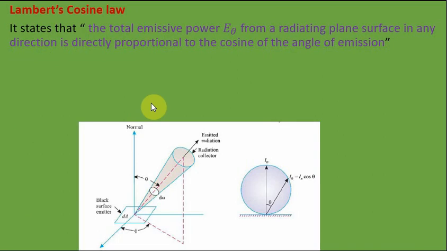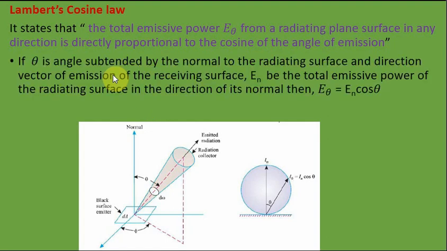The next one is Lambert's cosine law. It states that the total emissive power E theta from a radiating plane surface in any direction is directly proportional to the cosine of the angle of emission. That means if theta is the angle subtended by the normal to the radiating surface and a direction vector of emission, and En is the total emissive power of the radiating surface in the direction of its normal, then E theta equals En cos theta.